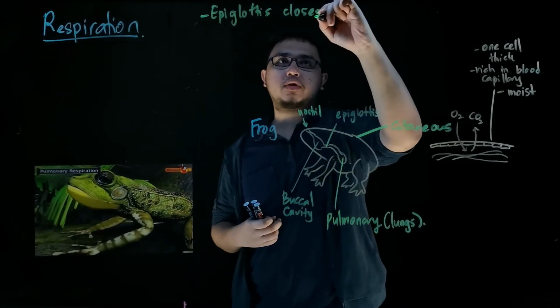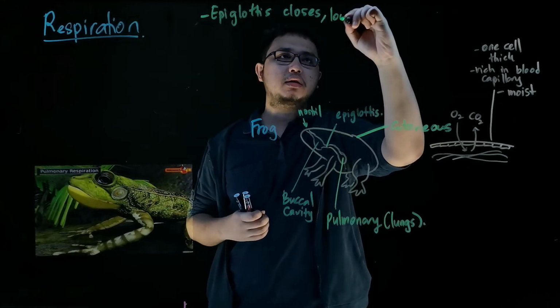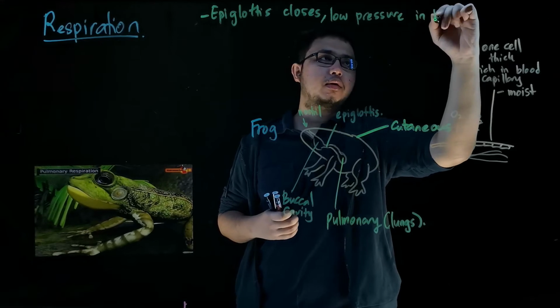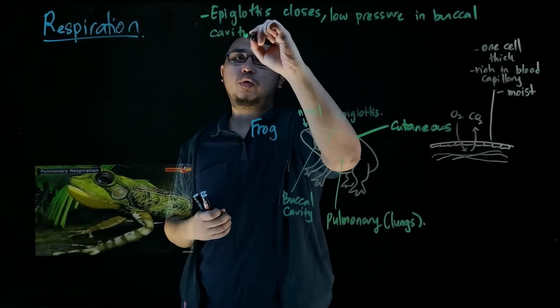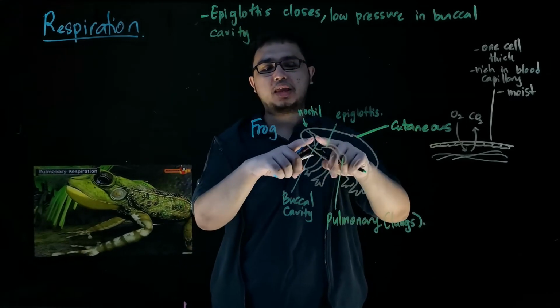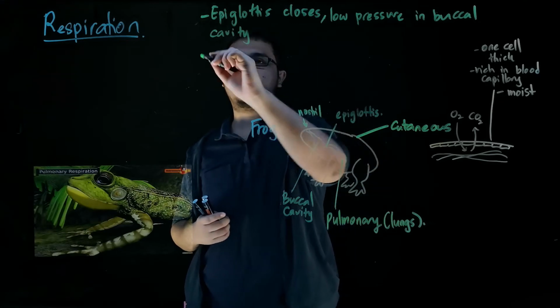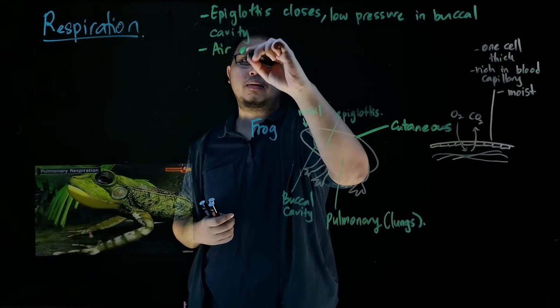When the epiglottis closes, you're going to create a low pressure in the buccal cavity. So when the pressure inside the buccal cavity is lower than the environment, air rushes into the buccal cavity and fills it up.